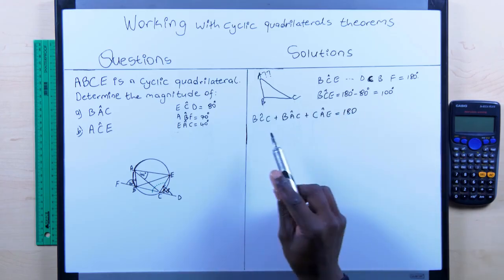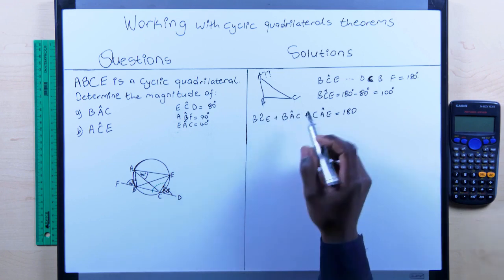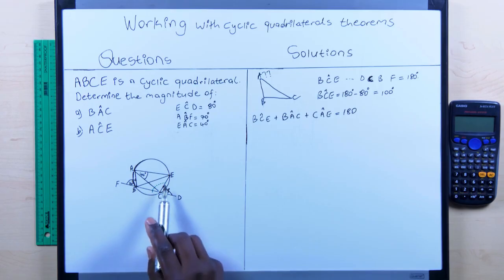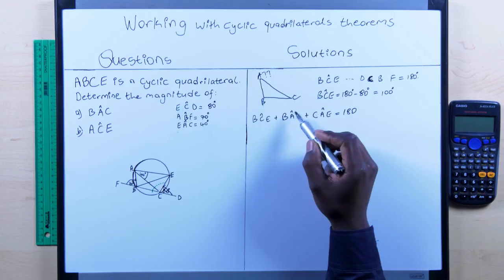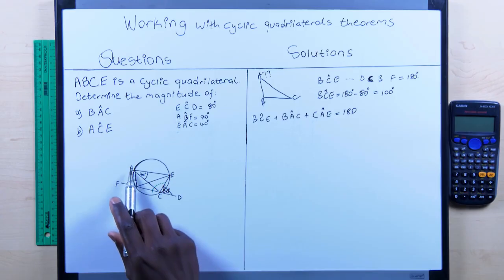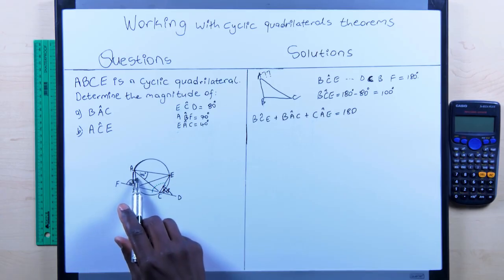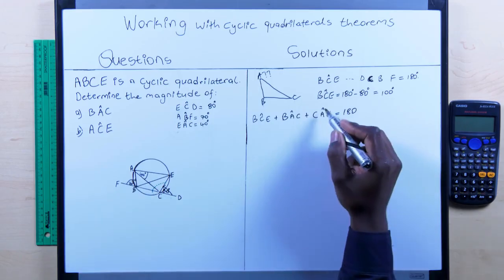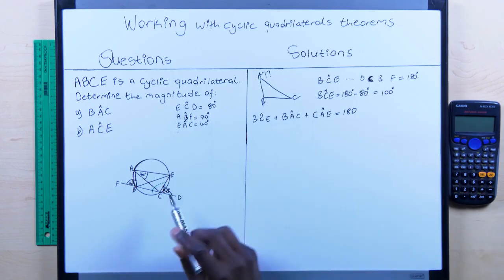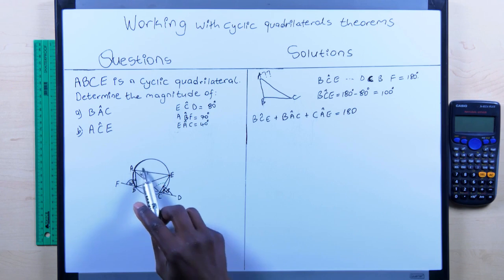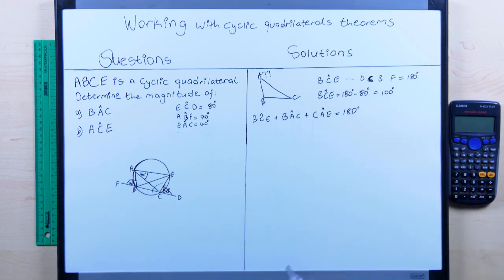Let's look at these angles quickly. So you're looking at angle C of BCE, this angle, plus BAC, which is this angle here, plus CAE, that outside triangle there, should be equal to 180 degrees.